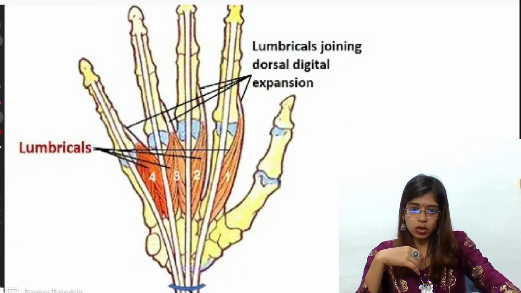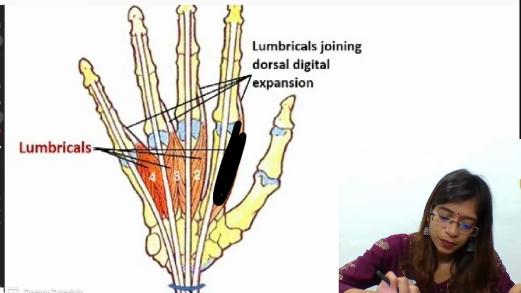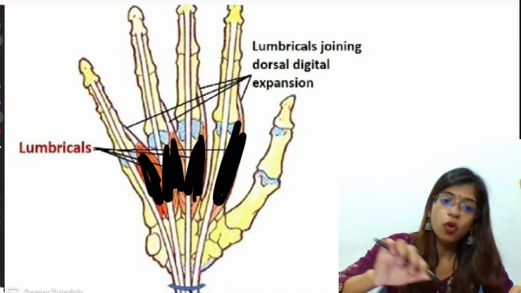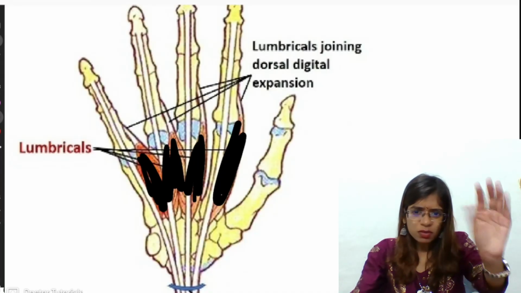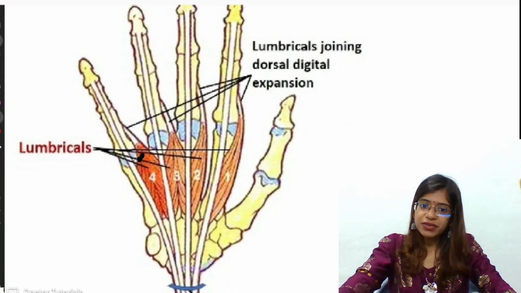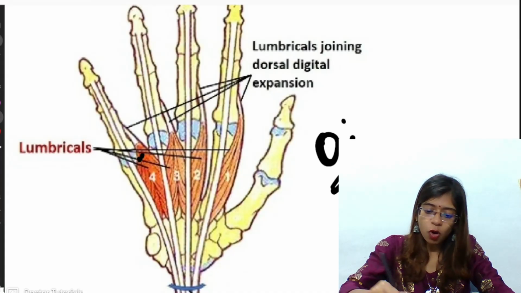You can see here, look here: first lumbrical, second lumbrical, third lumbrical, fourth lumbrical. They are small muscles in the palm. Now, from where do the lumbricals originate? Origin of the lumbricals.